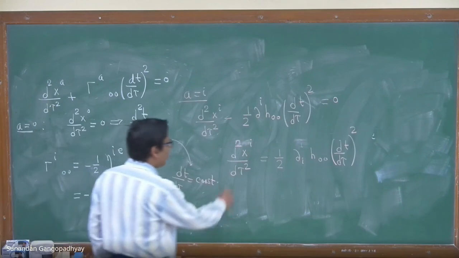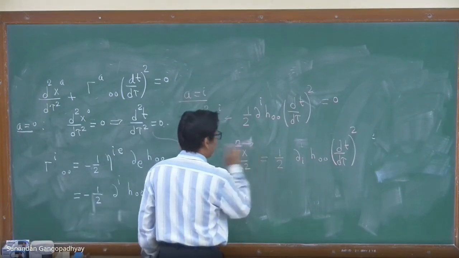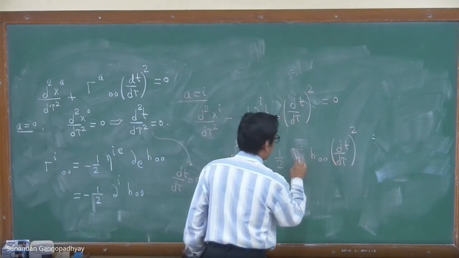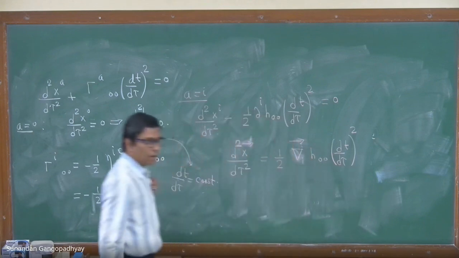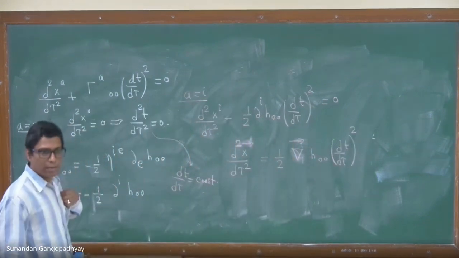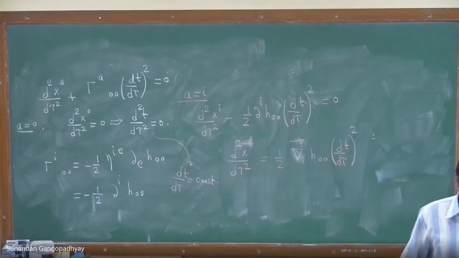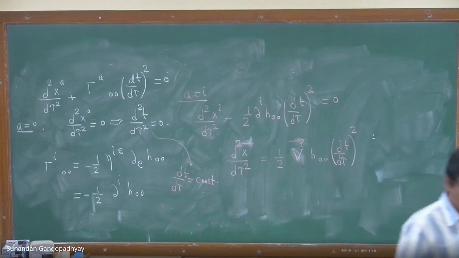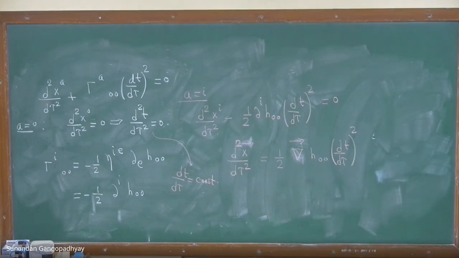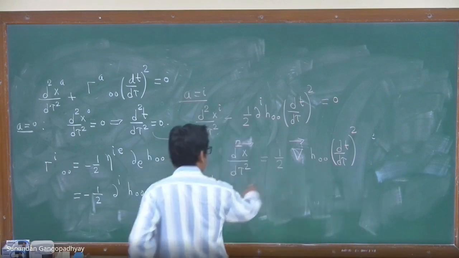Now you can safely do this, because del I downstairs is basically the gradient operator in vector notation. Very good. So you have got this as the equation.